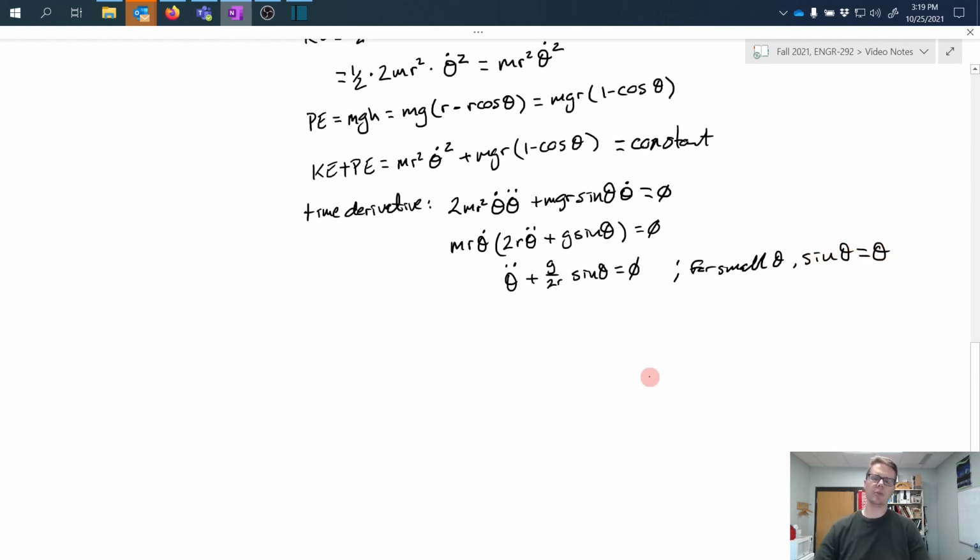And the reason we're going to do that is because it gives us an approximation for small angles that gets us into the standard form a little bit easier than doing a full version. So taking that into account, we get theta double dot plus g over 2r theta equals 0. And therefore, once again, this coefficient on theta gives us the natural frequency.